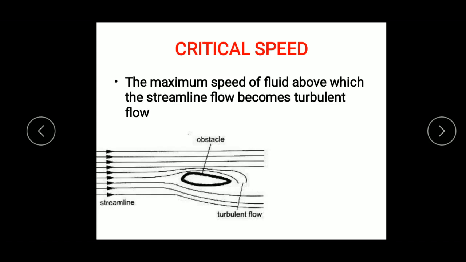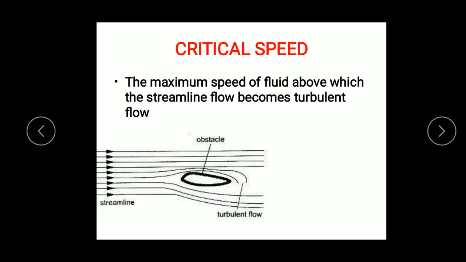If the velocity of the fluid increases beyond the critical velocity, then the flow of liquid is considered turbulent flow. So here we are defining what is meant by critical speed or critical velocity.